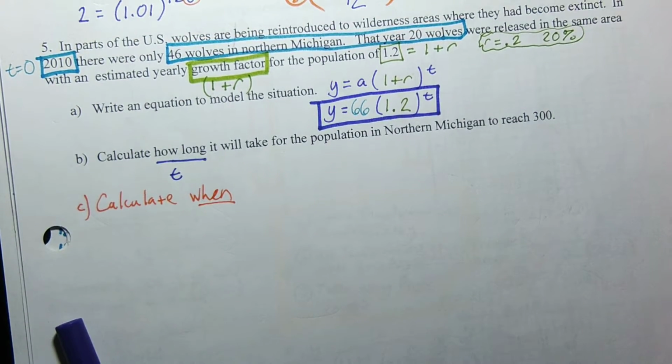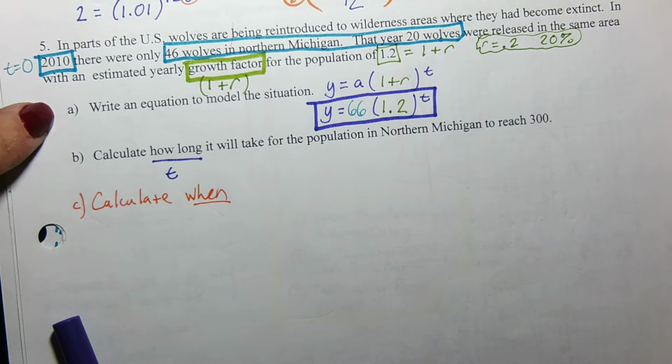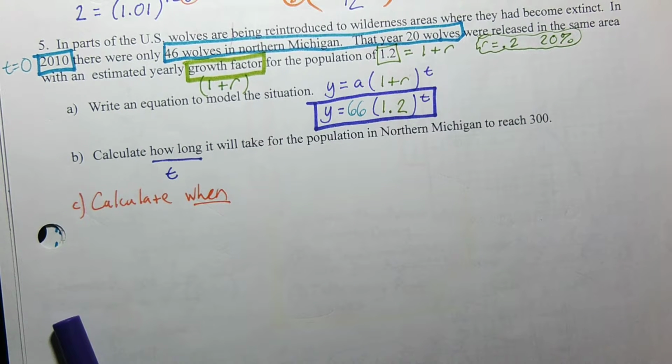Now, if it's like, wait, what's the difference between those two? How long versus when? How long is years since 2010 versus when is going to be the actual year? So let's go ahead and see what we can do with this problem.